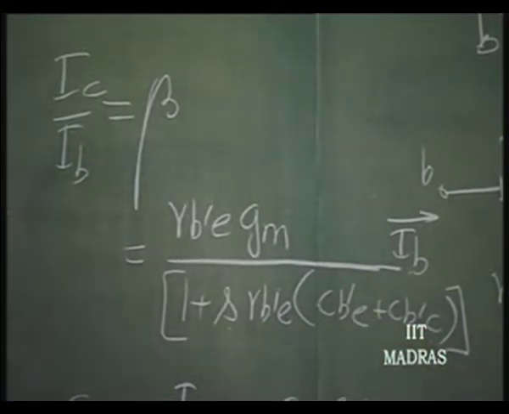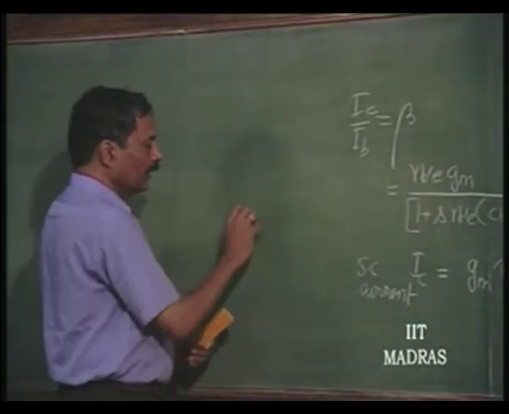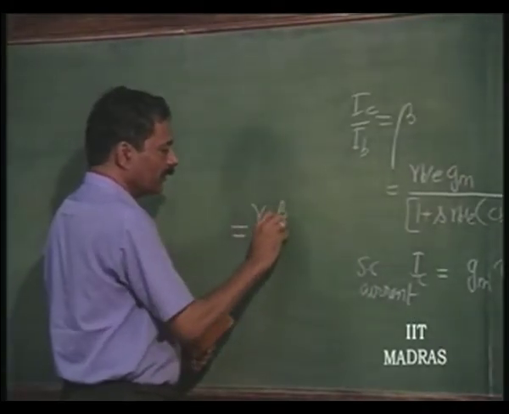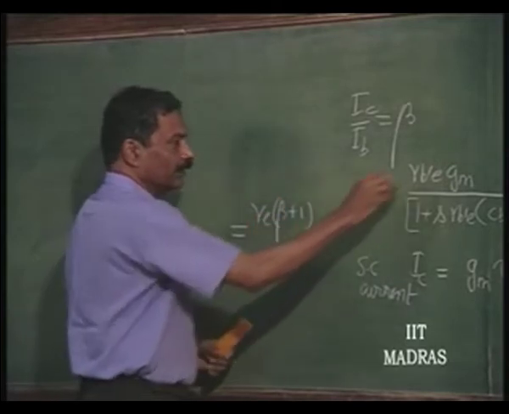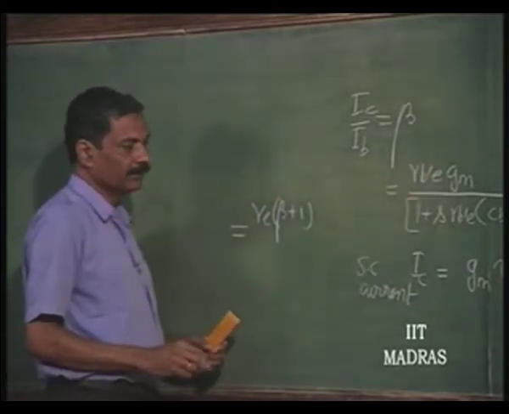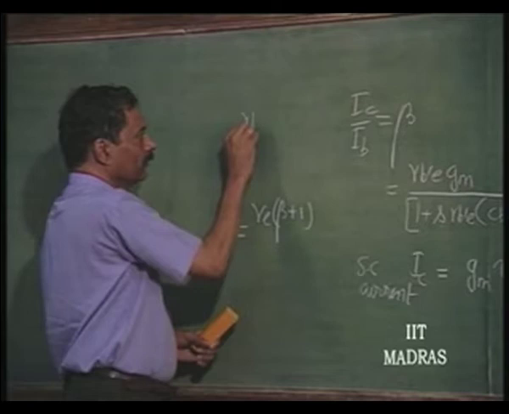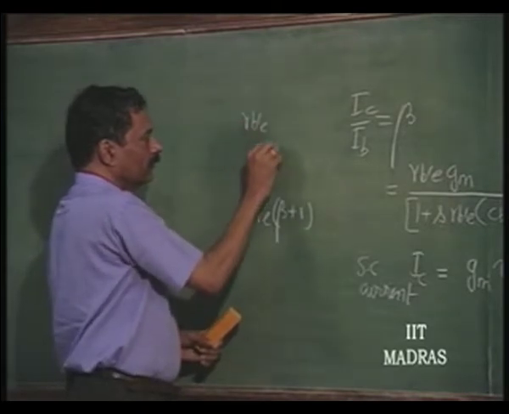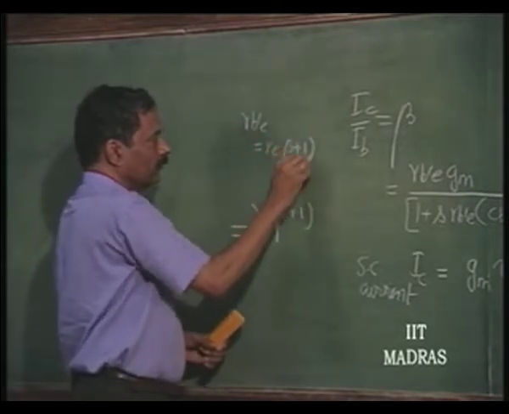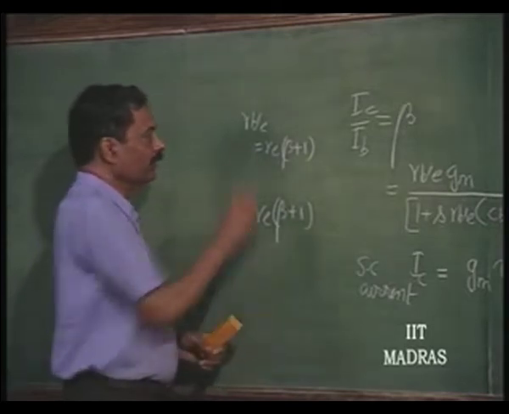Now, what is rb'e? We will expand that. This is equal to re into beta plus 1, that is rb'e. And what is gm?